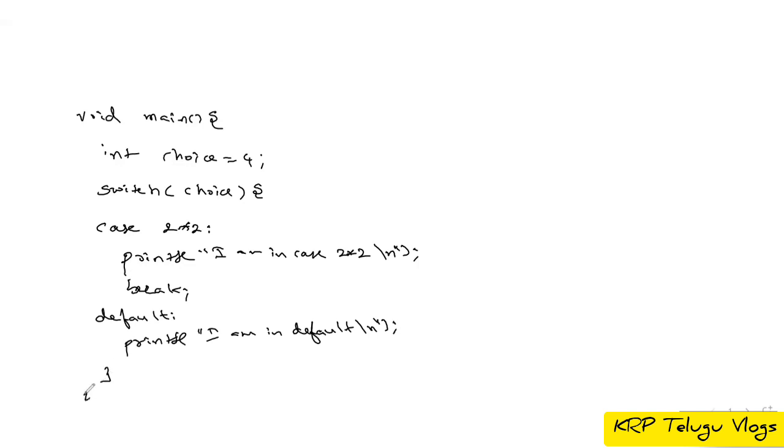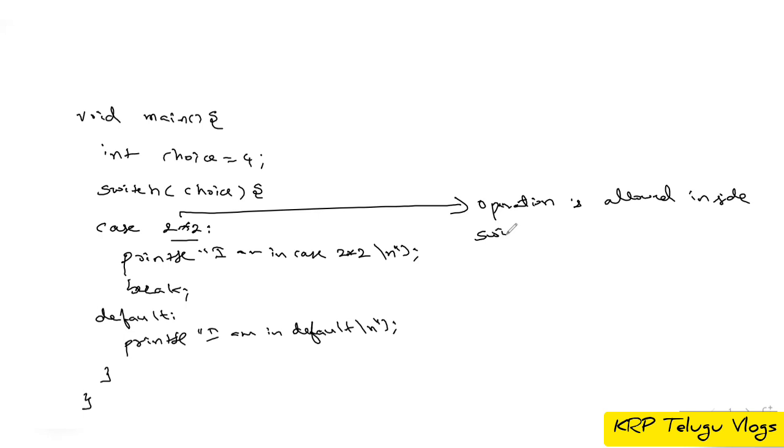Case 2 into 2, sir. Why is it 2 into 2? 2 into 2 means 4, sir. Are operations allowed inside switch? Yes, sir. Very good. So operations are allowed inside switch case.